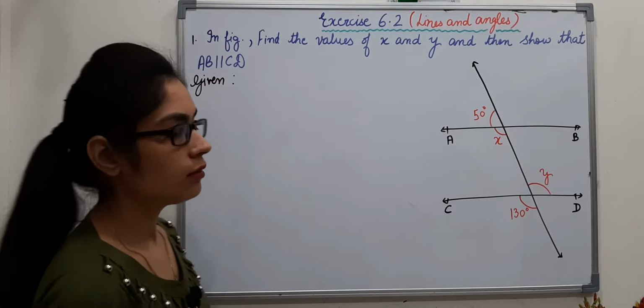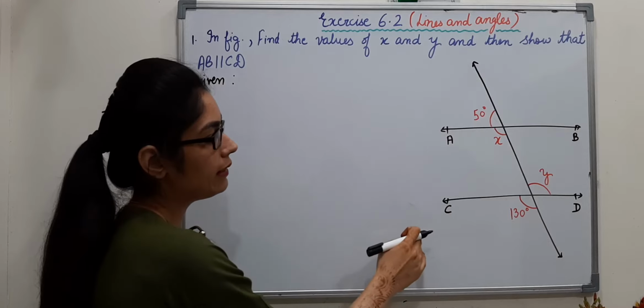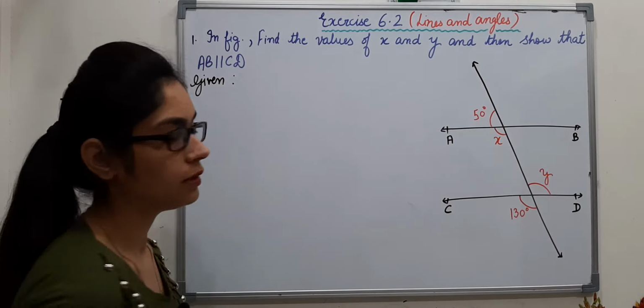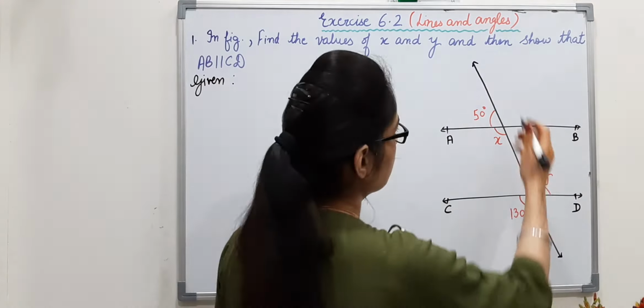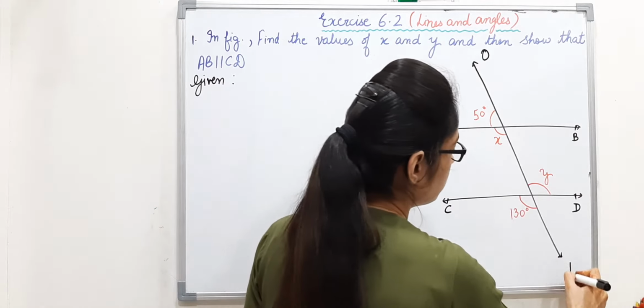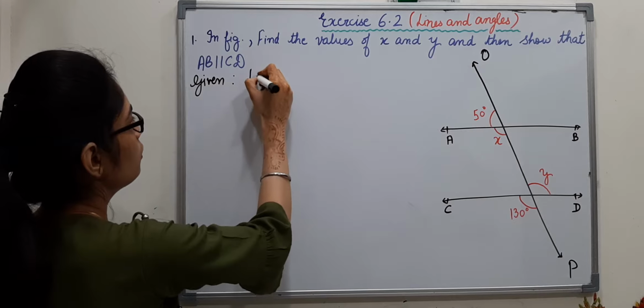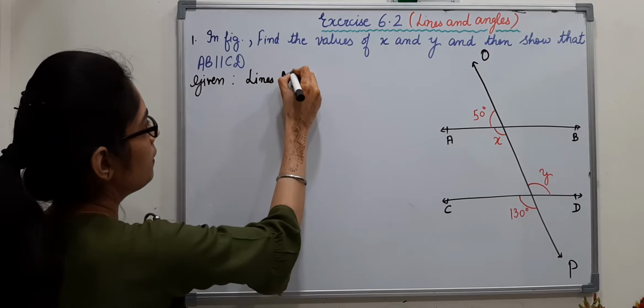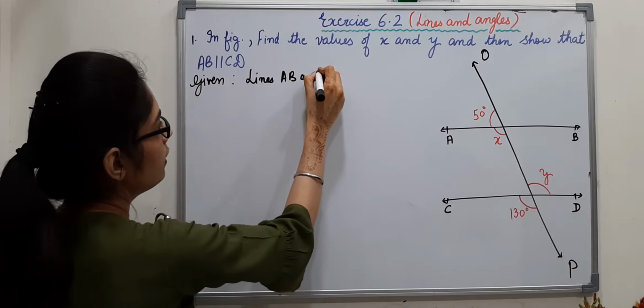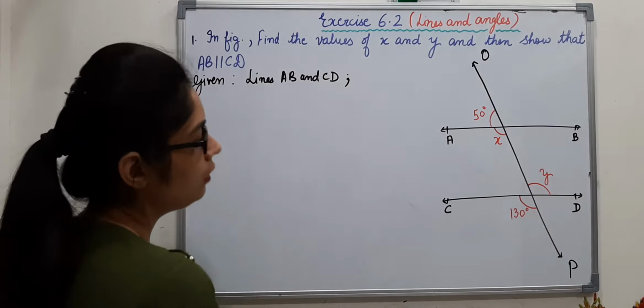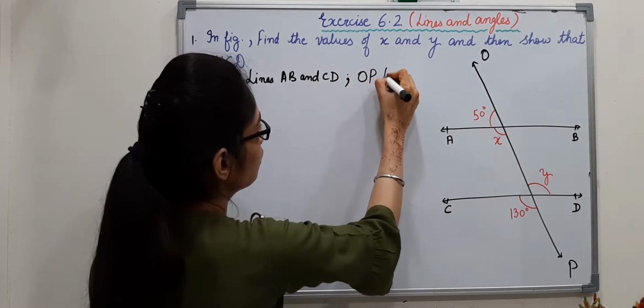So here nothing much is given, only these two lines plus this transversal is given to us. So transversal, its name is not given, so let's name it as OP. So we can write lines AB and CD and OP transversal.